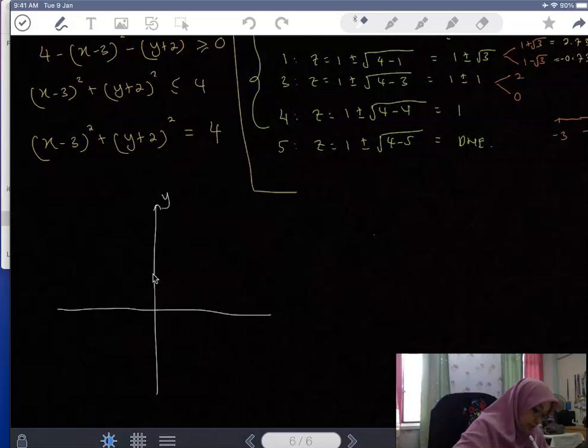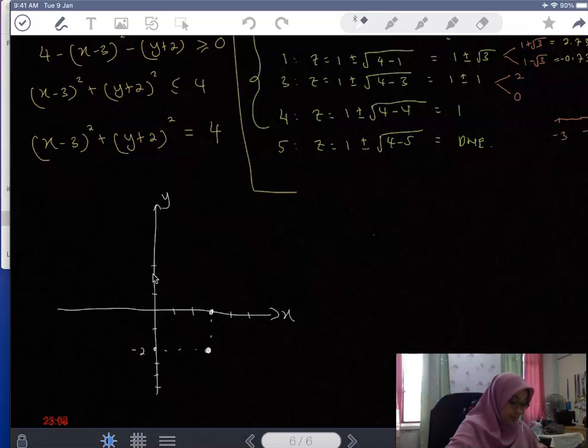on the x-axis, 1, 2, 3, so that is 3. On the y-axis, 1, 2, negative 2, so this is minus 2. So the point is here, that is your center.